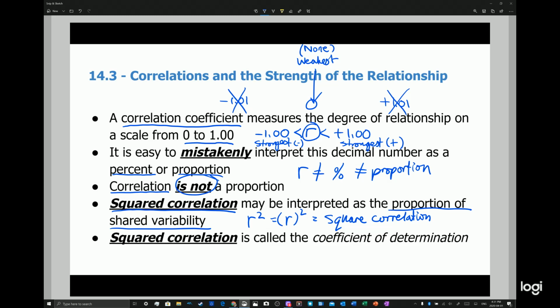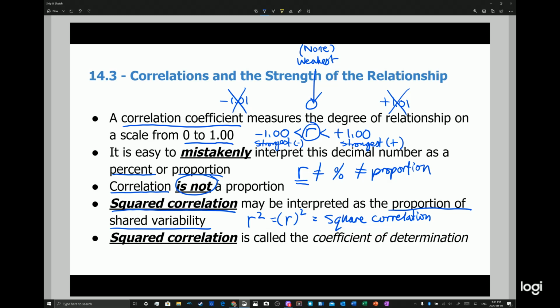There are ways to explain this, but for now, in this class, at this level, remember 2 things. 1, R, your correlation coefficient by itself, not squared, to the power of 1, is not a percentage. It is just the correlation coefficient. Yes, it is between negative 1 and 1, 0 being the weakest, but it is not a proportion or percent. When you square R, then it is a percentage.